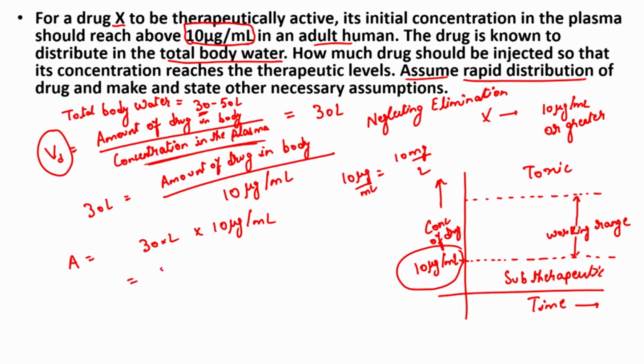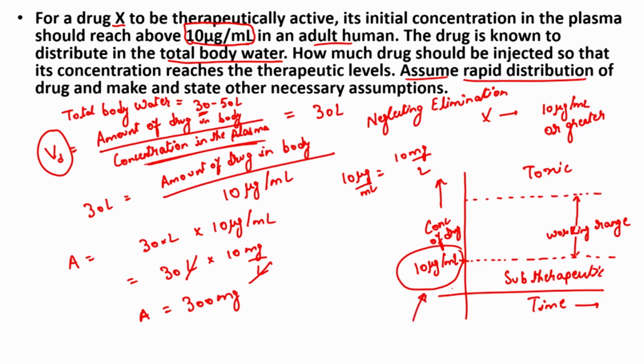So, then we have 30 liters multiplied by 10 mg per liter, liter we can cancel, so that will become 300 milligram. That will be the amount of drug that we will have to inject, and that will lead to the concentration of 10 μg per ml.